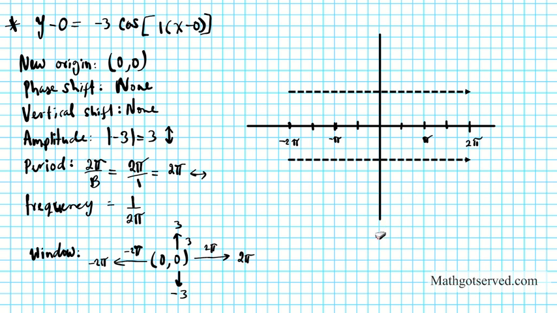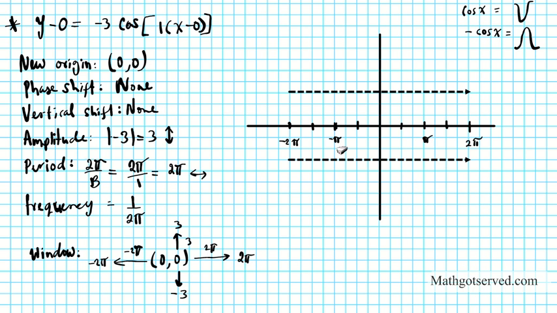Now let's connect the dots for our cosine function. Remember, cosine x is like a cup, right? But we have a negative cosine here, so what is that going to look like? It's like the cup is flipped upside down, so it's going to be like this. Okay? So the orientation of our points is going to be in this pattern, to the right and to the left.